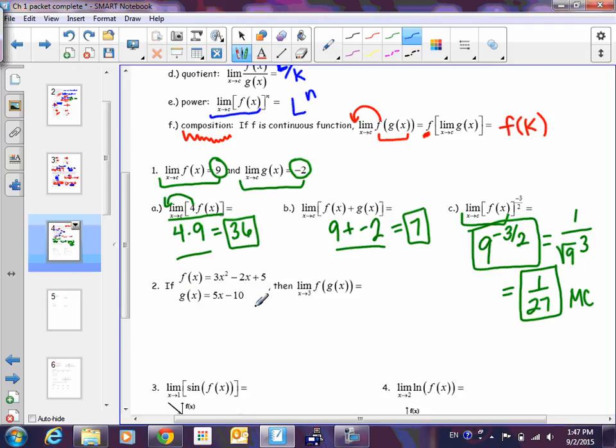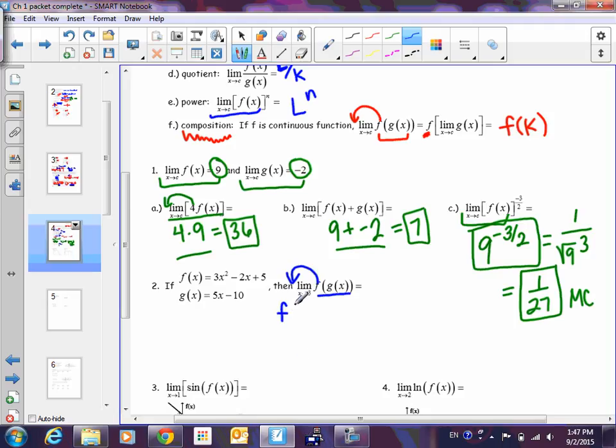Okay, so now we're looking at 2. We have actual functions now, so it's not as vague. So one thing we could do is actually solve for f of g of x, get a whole brand new function, and then do the limit as x approaches 3. Or we could use our property, which let's do that. It's going to save us a little bit of work here.